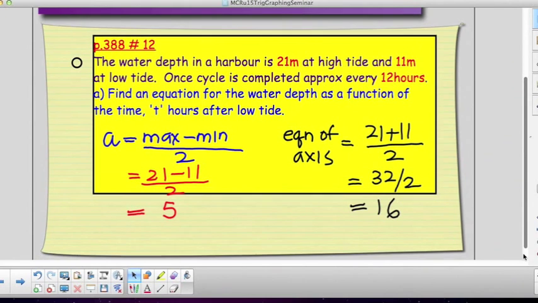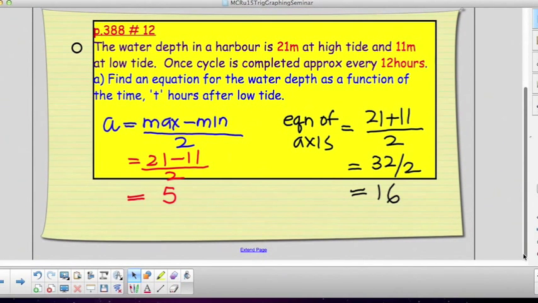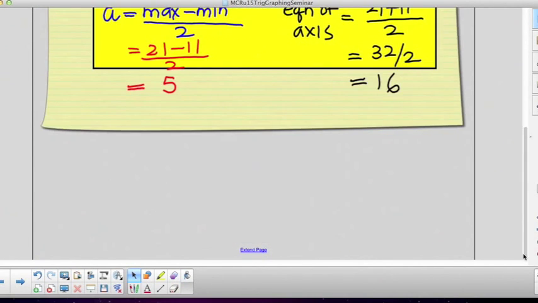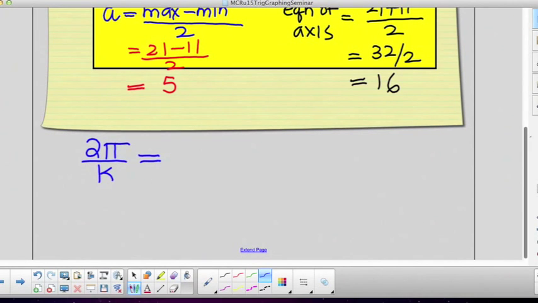Now, what's different from the last question is I also know my period, so my formula for period is 2 pi over k. I need to have a k term in order to make a proper trigonometric equation. But I don't know what k is, I just know that my period is 12. So you don't let your k term be 12, you let your period be 12, and you solve for k.